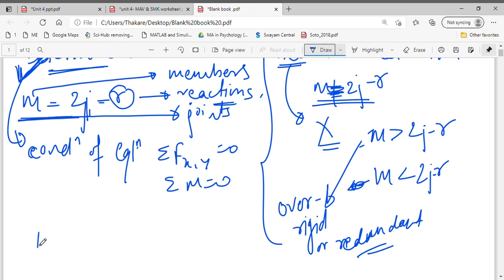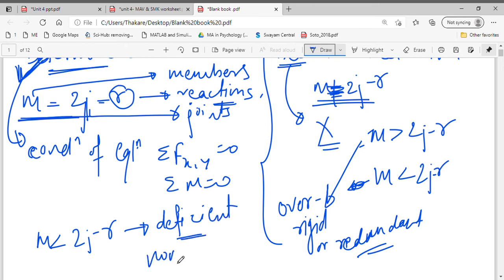Whereas if M is less than 2J minus R, it will be called a deficient truss or non-rigid truss.